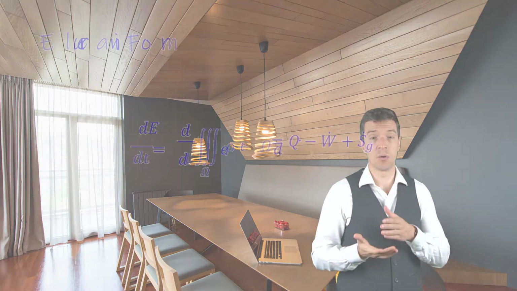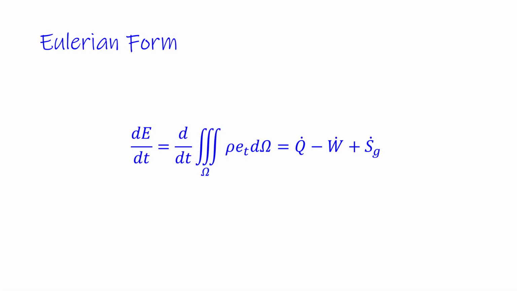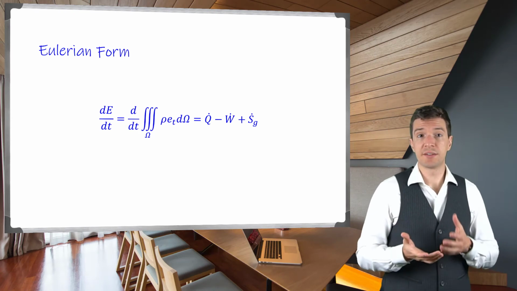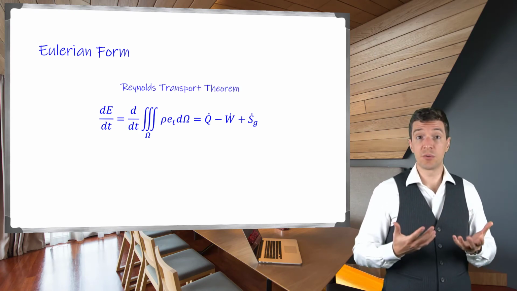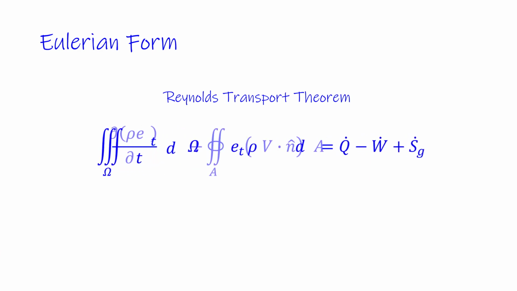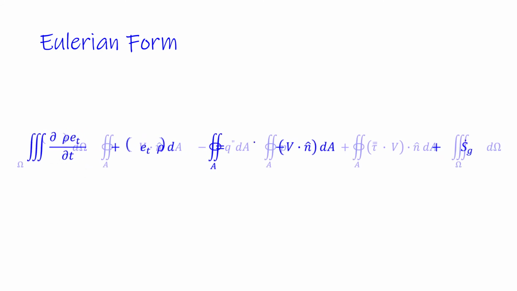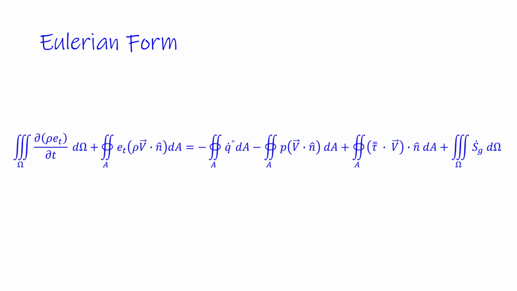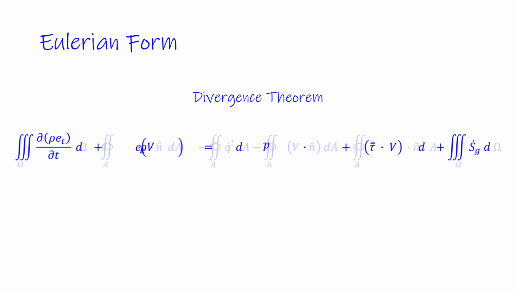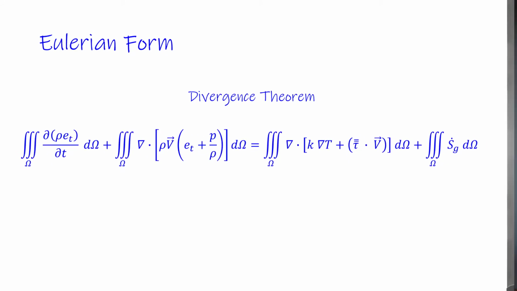Now that we have a mathematical description of all the terms in our equation, we can start and derive the Eulerian differential form of the energy equation. First, we apply the Reynolds transport theorem to convert the equation from the Lagrangian framework into the Eulerian framework. Then, we substitute the right-hand side terms with the expressions we defined before, and we apply the divergence theorem in order to convert all the surface integrals into volume integrals.